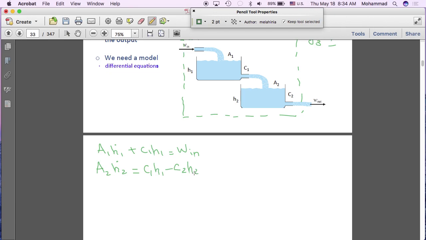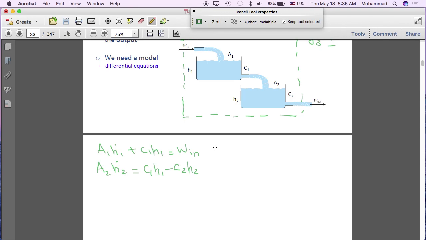So the concept is the same. We are saying change of volume, which is A2 times H2 dot, is equal to volumetric flow coming in minus volumetric flow going out, which is exactly how we applied it to the first tank. In the first tank, flow coming in was Wn, flow going out was C1 H1. Now C1 H1, when we wrote the equation, was on this side with a negative sign, but when we rewrote it to give it the appearance of the standard form, it went to the other side.